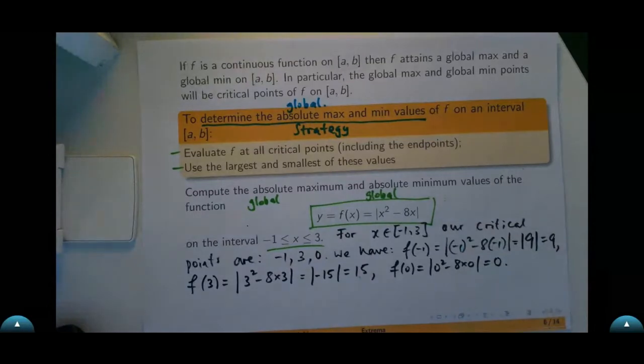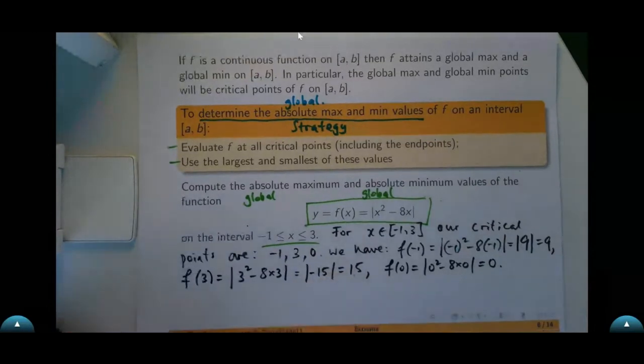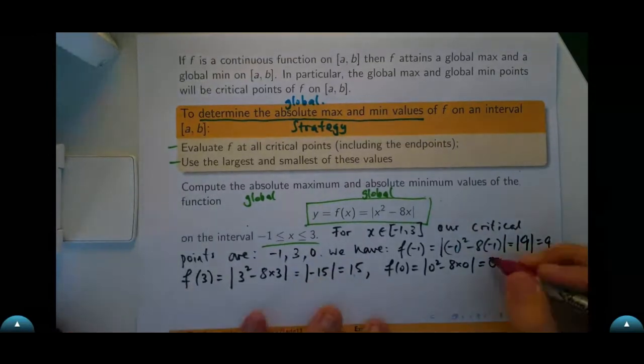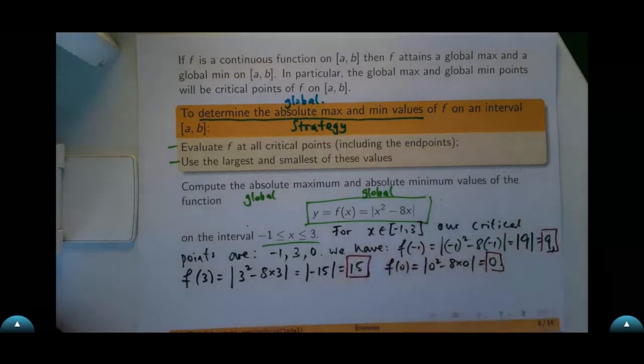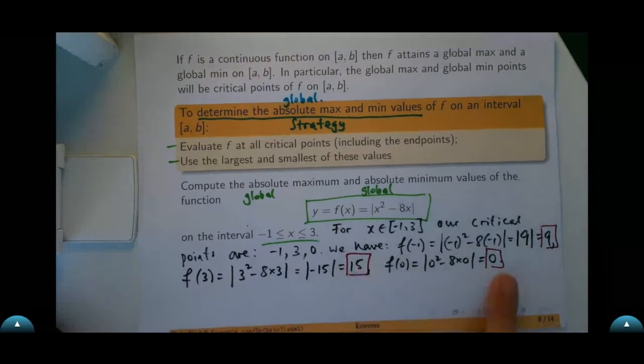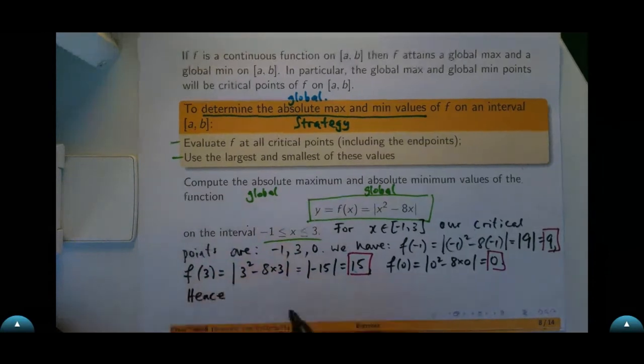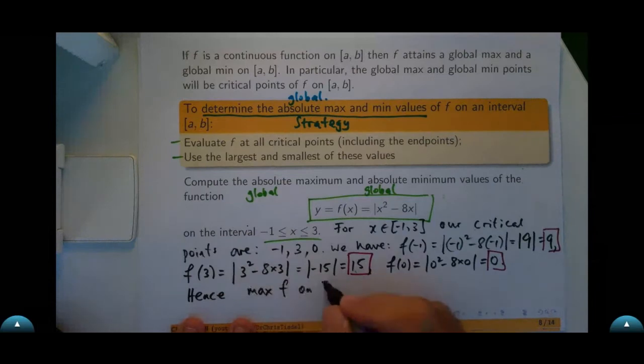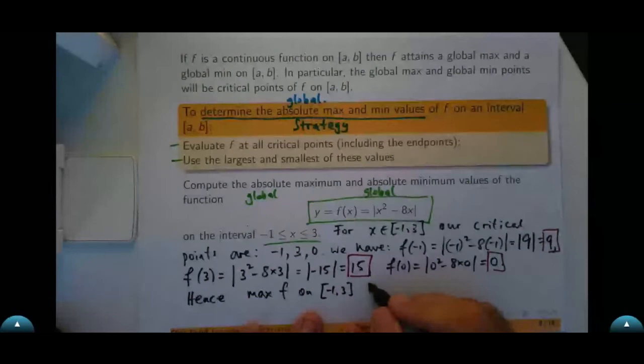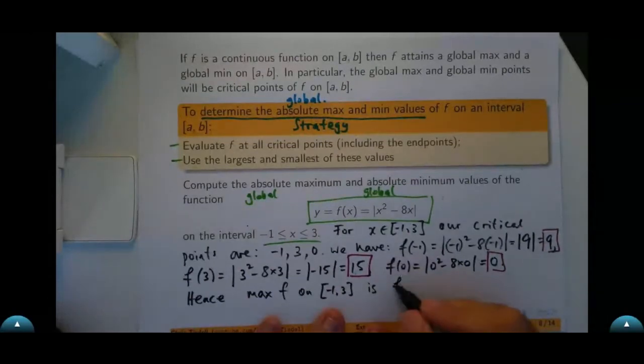Okay. So the last step, and again, some of you may find this super familiar. We want to compare these three values. That's the biggest, that's the smallest. So hence, the maximum of f on the interval occurs at 3.